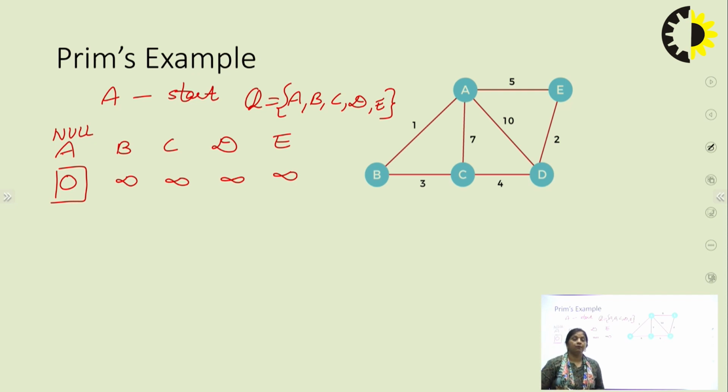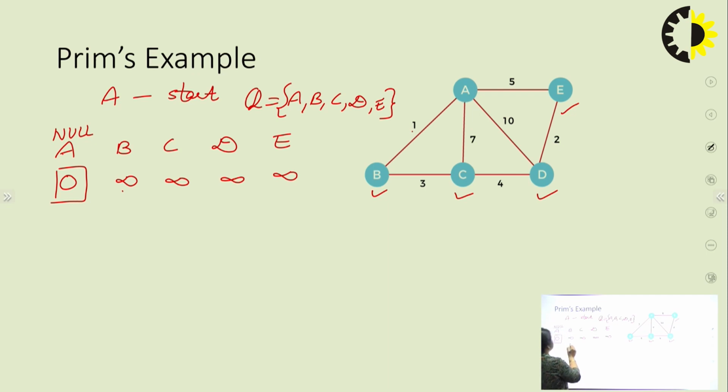Okay. Now, all the neighbor nodes of A will be checked. What are the neighbor nodes of A? B, C, D, E, all. All are neighbors of A. Now we'll see from A to B. A to B, edge is 1. Already stored is infinity. What is the key value of B? That is infinity. 1 is less than infinity.